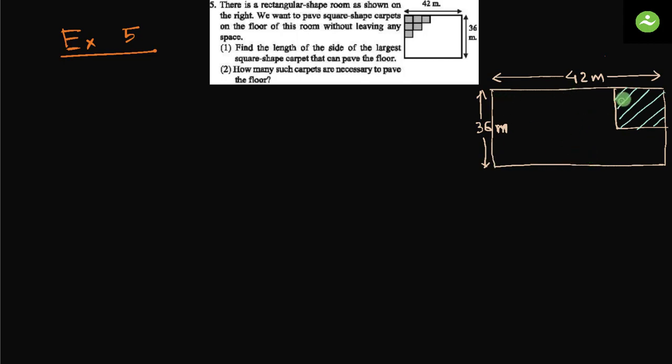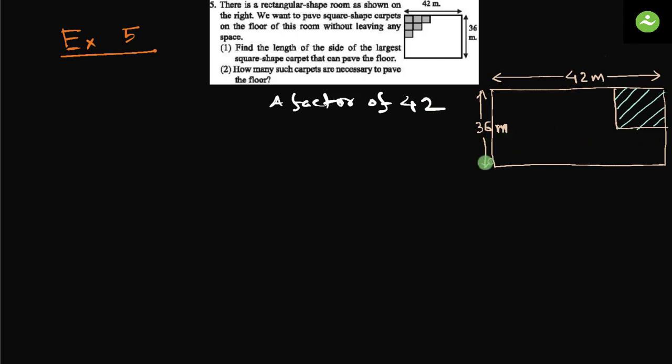So whatever is the length of this square, it has to be a factor of 42. Otherwise, how will it cover this length? If it has to cover the length 42 meter, it has to be a factor of 42.